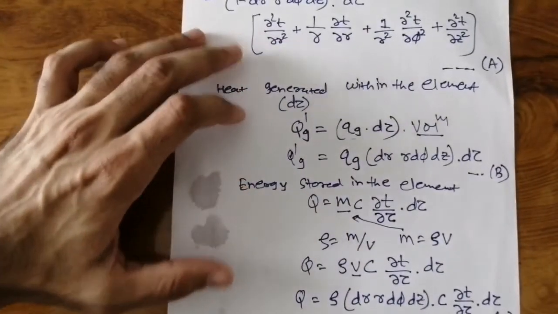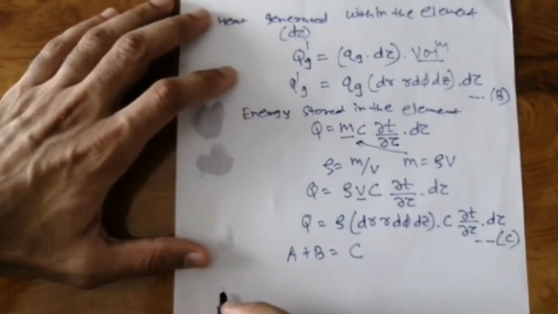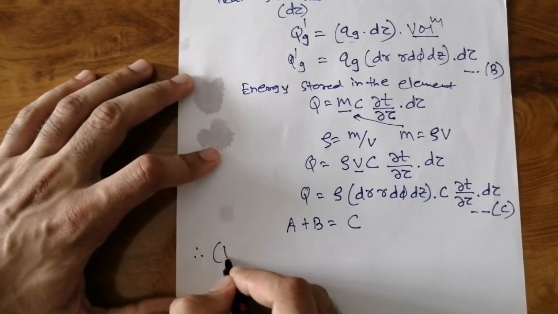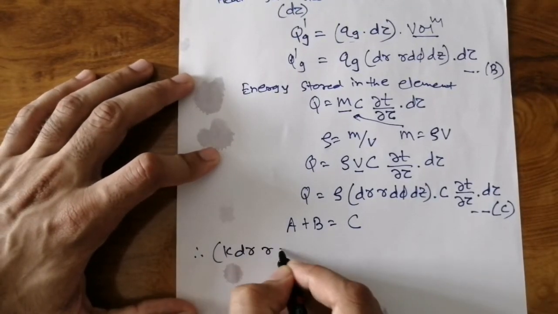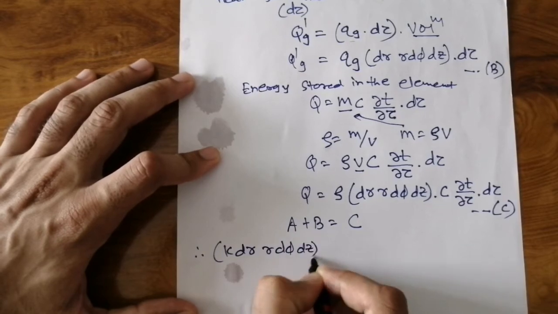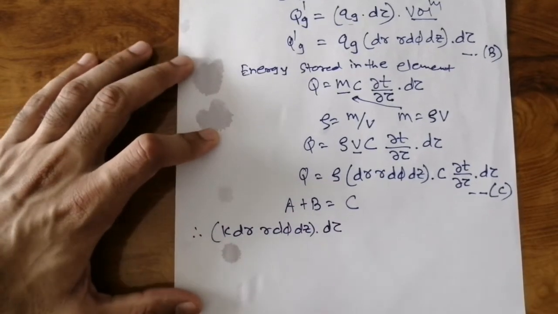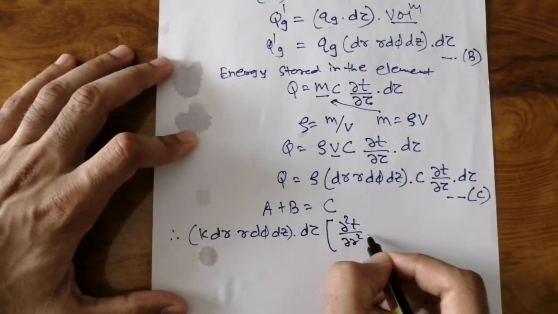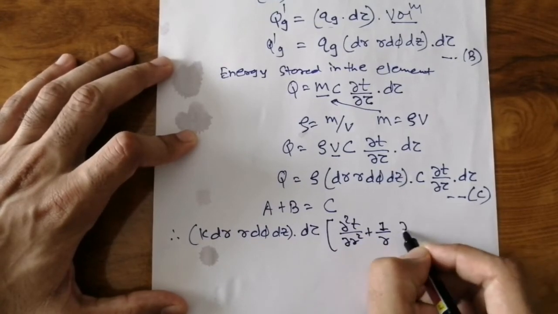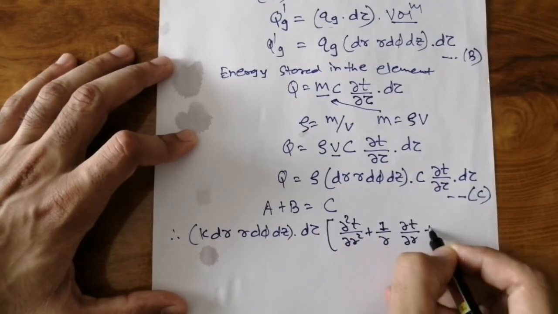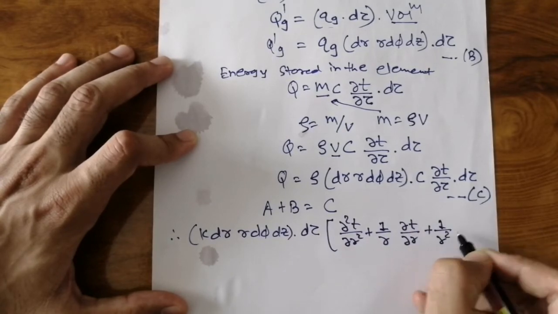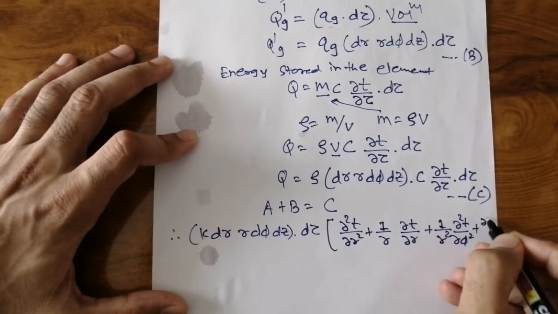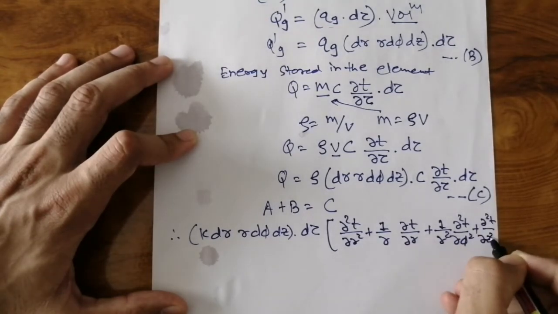So equation A is K dr r d phi dz d tau, and inside the bracket del square T by del r square plus 1 upon r del T by del r plus 1 upon r square del square T by del phi square plus del square T by del z square.